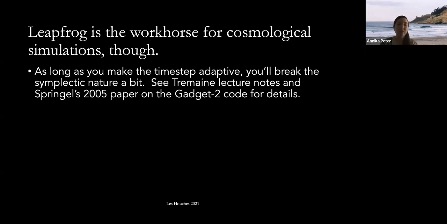So if you want to learn more about that and how people try to cope with that, I recommend looking at Volker Springel's 2005 paper where he describes the Gadget2 simulation code. This paper is a good description of what is inside the Gadget2 simulation code. Gadget2 is the predecessor of today's modern Gadget4 code that you can download and run yourself.